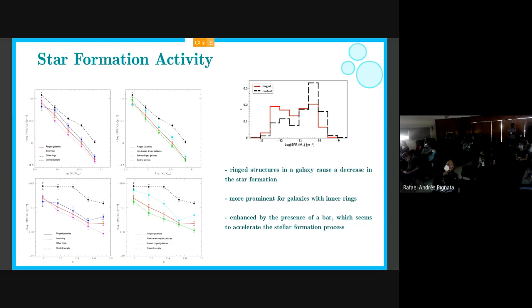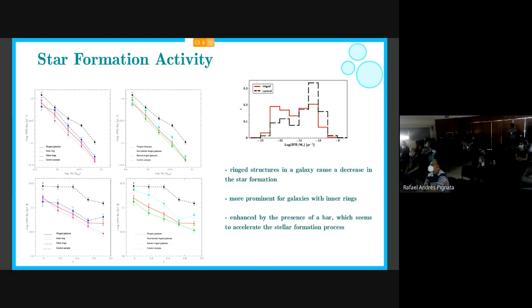To analyze star formation activity, we use the specific star formation rate parameter. As you can see in this distribution, the distribution of this parameter is bimodal, where ring galaxies present a high number with low star formation activity, plotted with the red line, with respect to galaxies in the control sample without rings.